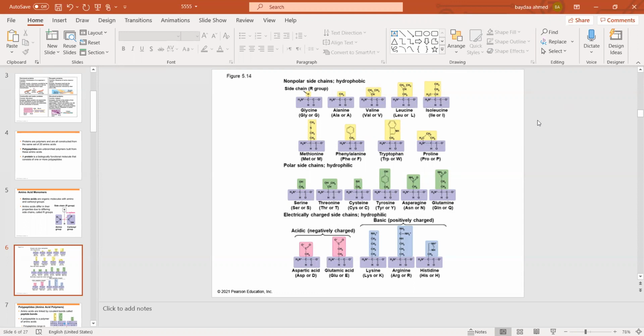This figure shows the 20 amino acids that cells use to build their thousands of proteins. Building a huge variety of polymers from such a limited number of amino acids is analogous to constructing hundreds of thousands of words from only 26 letters of the alphabet.